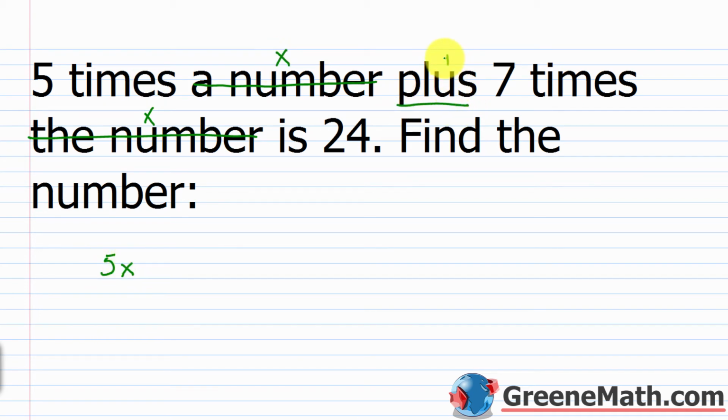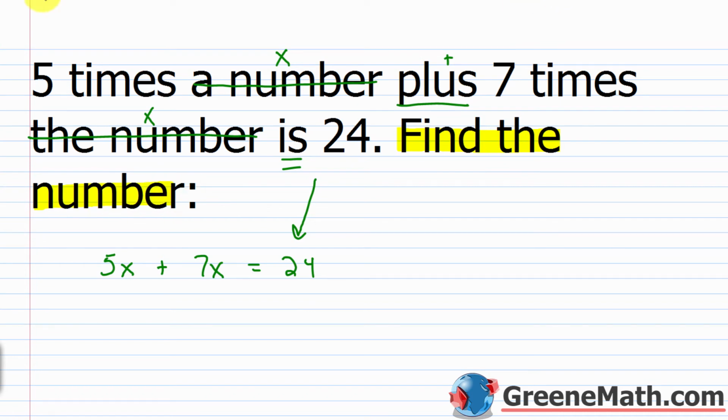Plus means to add. 7 times x. Means equals. And then 24. Very, very simple once you do that. So I've just translated this to this. And now that I have an equation, it's very easy to solve and find the number.